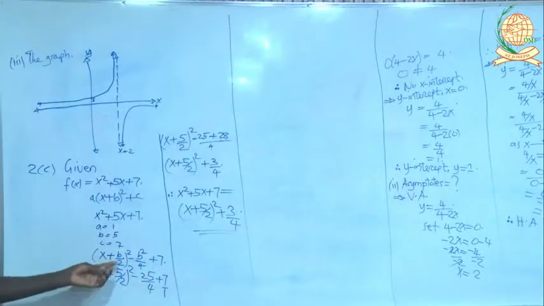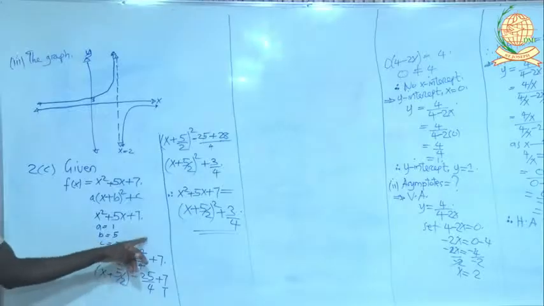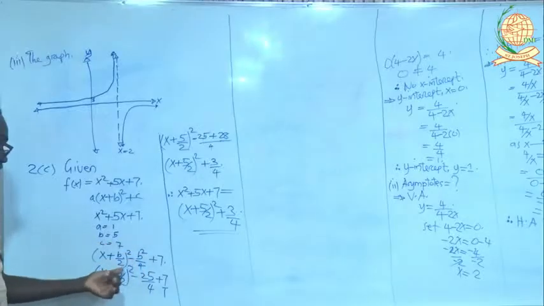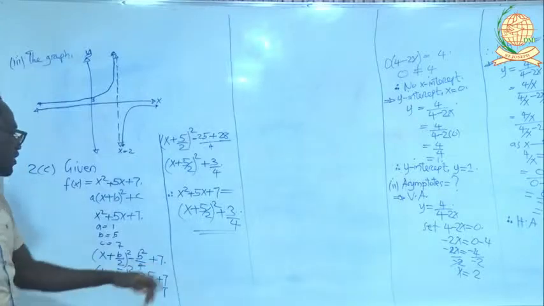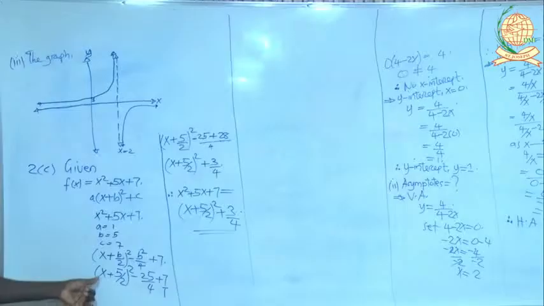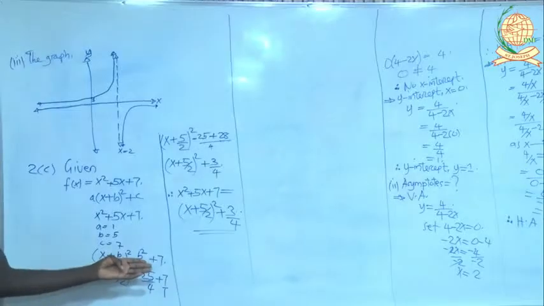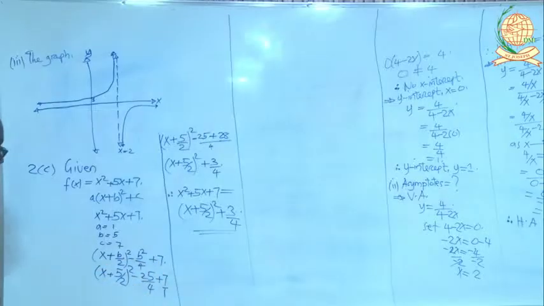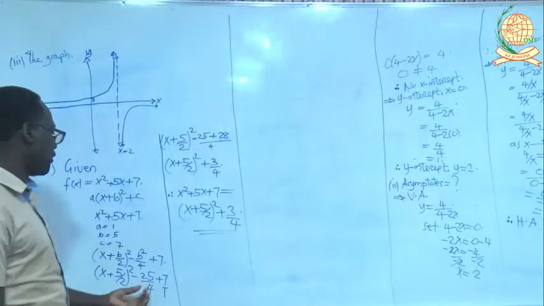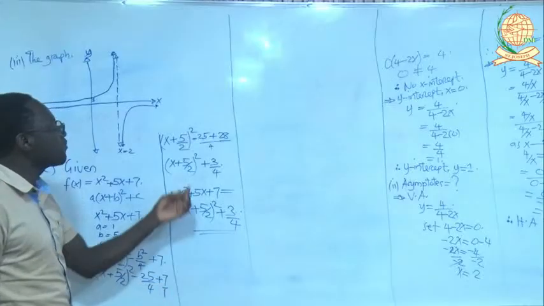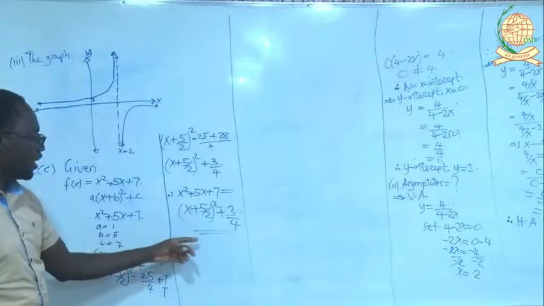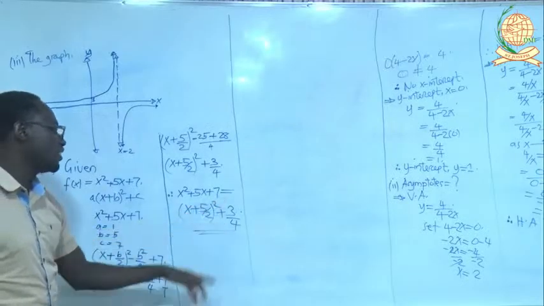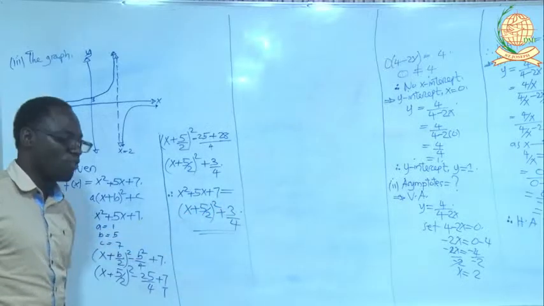We take x plus b over 2, then square, minus b squared over 4, which is 2 squared, then plus c, which is 7. So this is x plus 5 over 2 squared, then minus 25 over 4, then plus 7. Simplify minus 25 over 4 plus 7, we get 3 over 4. Now the answer is x plus 5 over 2 squared, then plus 3 over 4.